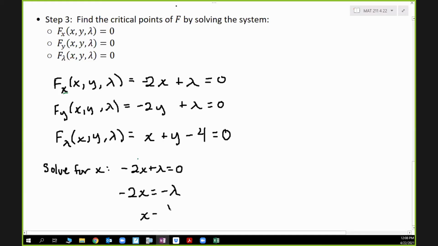So we'll end up with x equals lambda over 2. And if we solve this other one for y, we have -y plus lambda equals 0. That is exactly the same, but in y, so we will end up with y equals lambda over 2.